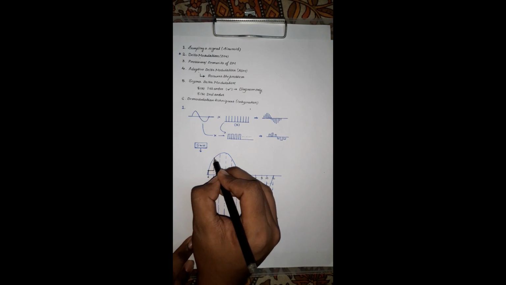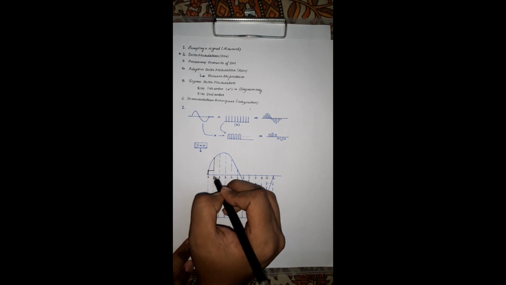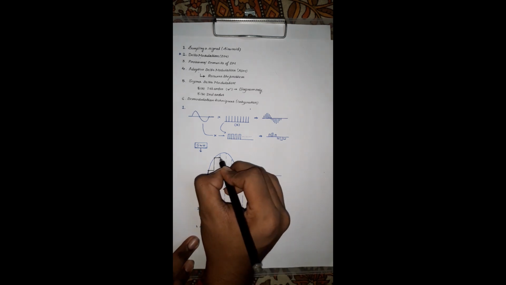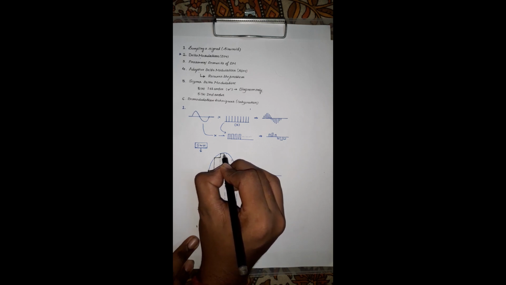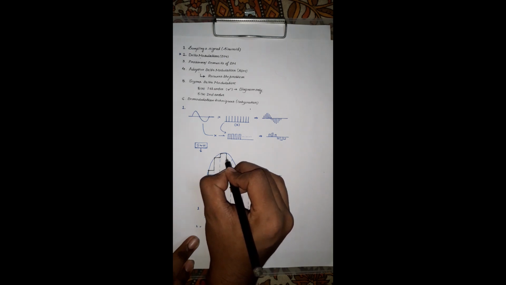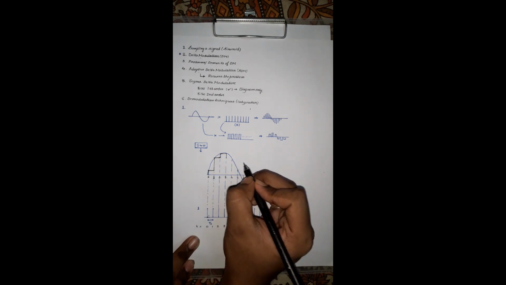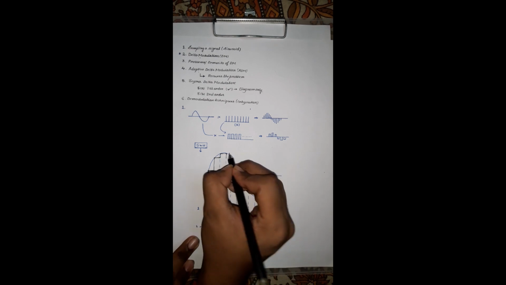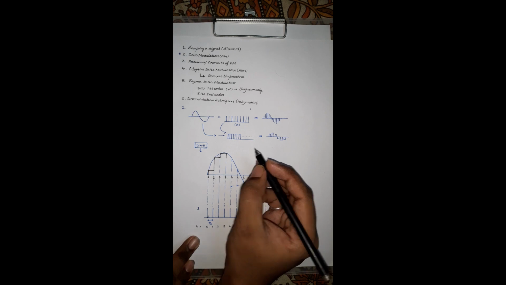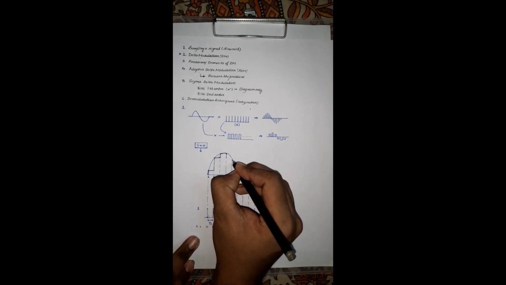Again, after sampling at t equal to 1, this sample has been taken and this value will be held until the next sample has been taken. Again, at t equal to 2, this sample has been taken, and this value will be held until the t equal to 3 sample has been taken. At t equal to 3, this sample has been taken, and the value will be held until the next sample has been taken.